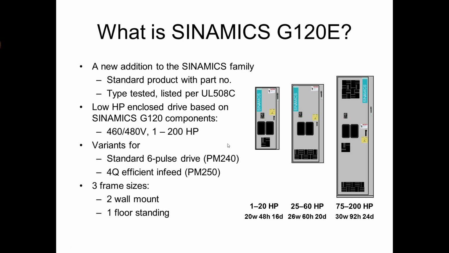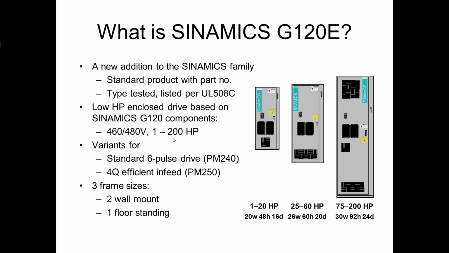What is the SINAMICS G120E? It is the new edition, pushed out this past spring. Low horsepower applications, they go down to 1. They really gear it for 20 horsepower on up, but they can do the 1 horsepower. It's just a pretty large package.